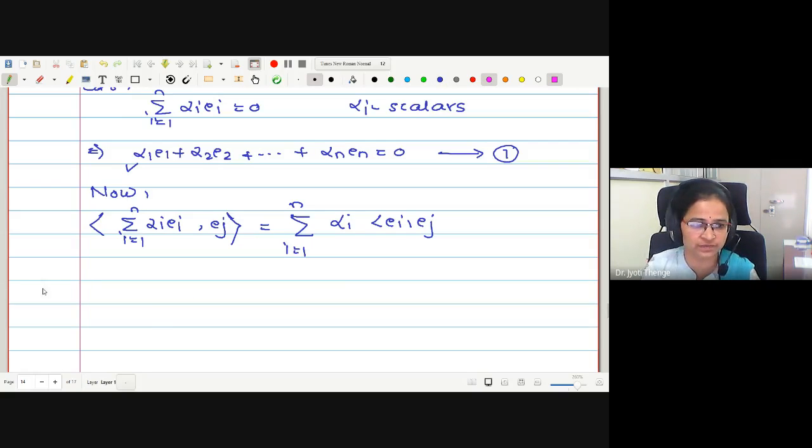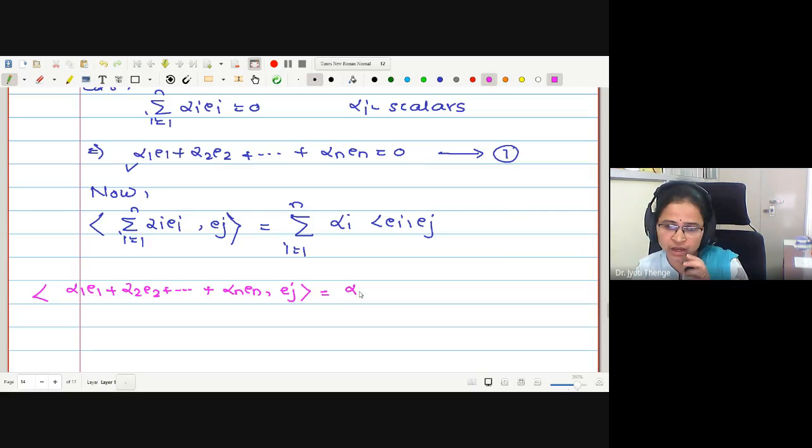I'll just take a different color pen. Here it is: the inner product of alpha 1 E1 added with alpha 2 E2, and so on up to alpha n En, with Ej. Using linearity, how can we write?